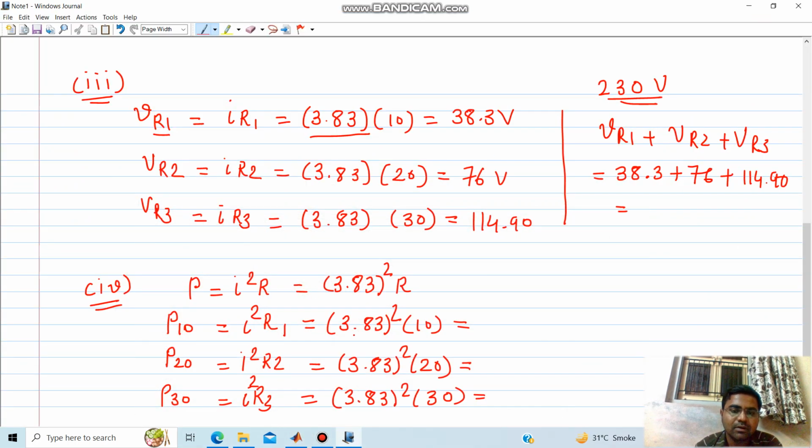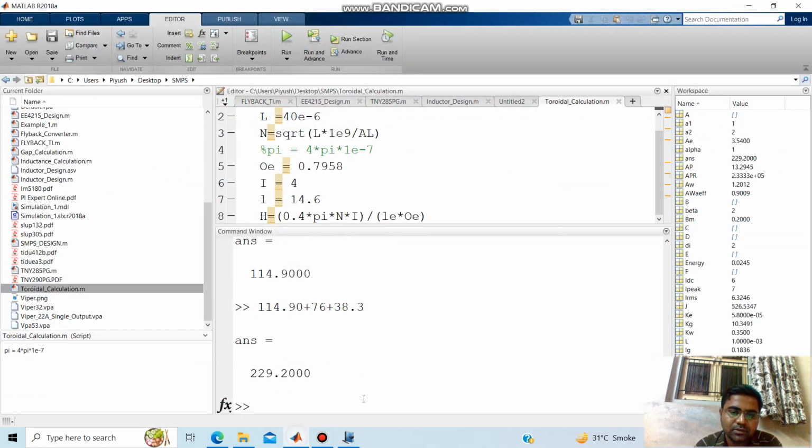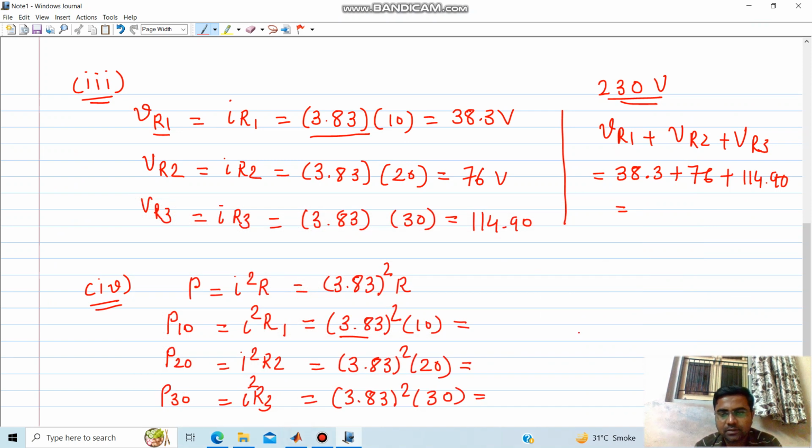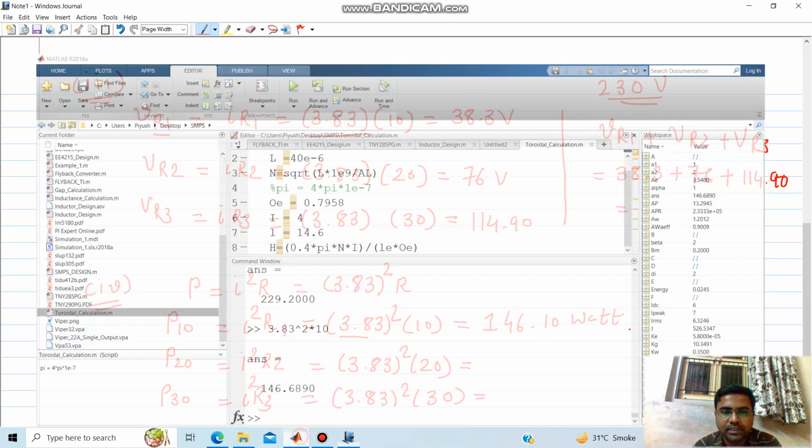Now in case of power loss, here you have to take a square, so 3.83 square multiplied by 10 will be 146 watt, 146 point something watt.